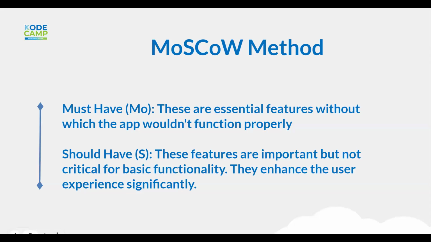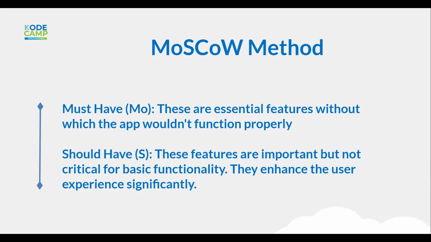So for most schools, it helps to classify features based on must have, should have, could have, won't have. Must have features are essential features. Without these features, the app won't function properly.